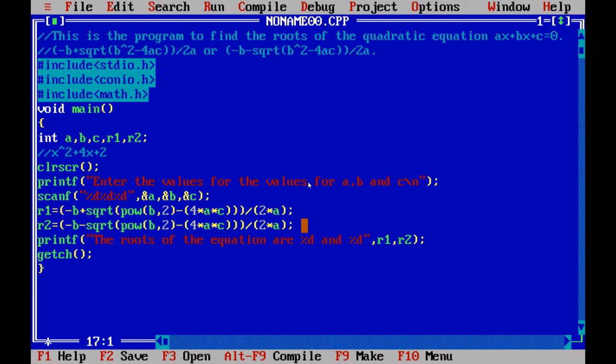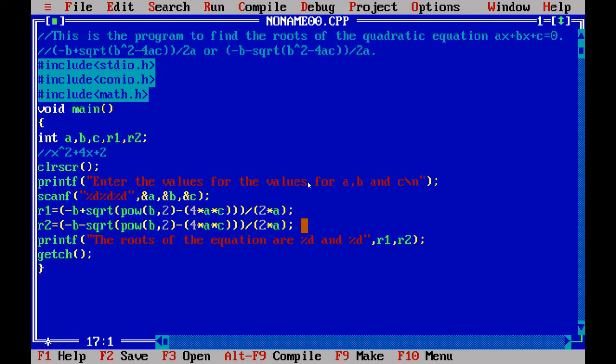In R1 we calculate minus B plus square root of power of B comma 2 minus 4AC, whole divided by 2A. Conversely, in R2, we calculate minus B minus square root of B squared minus 4AC divided by 2A.